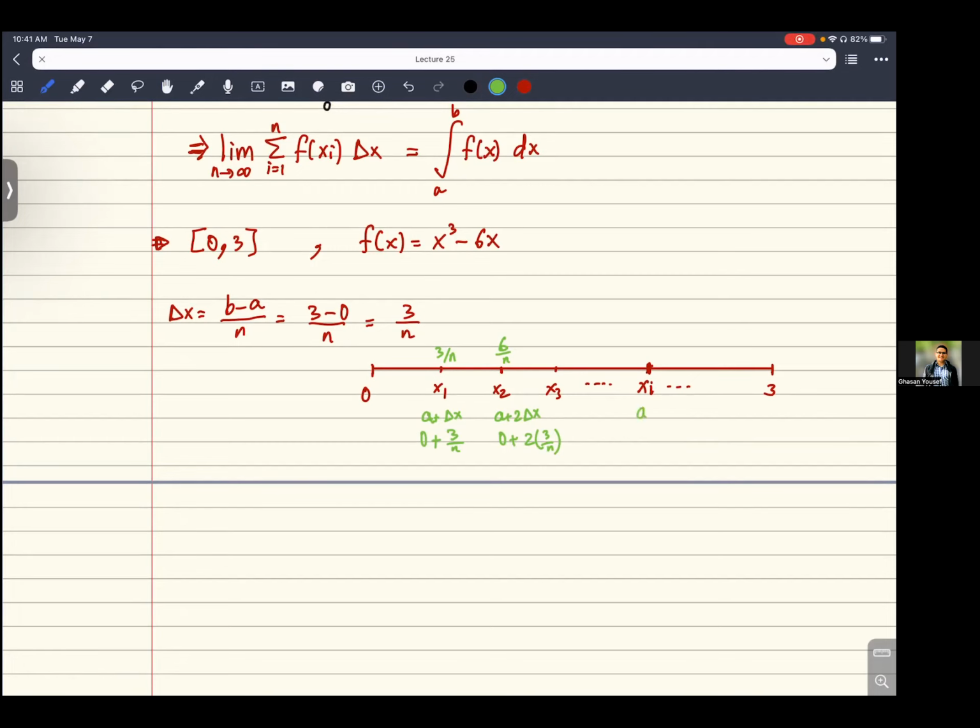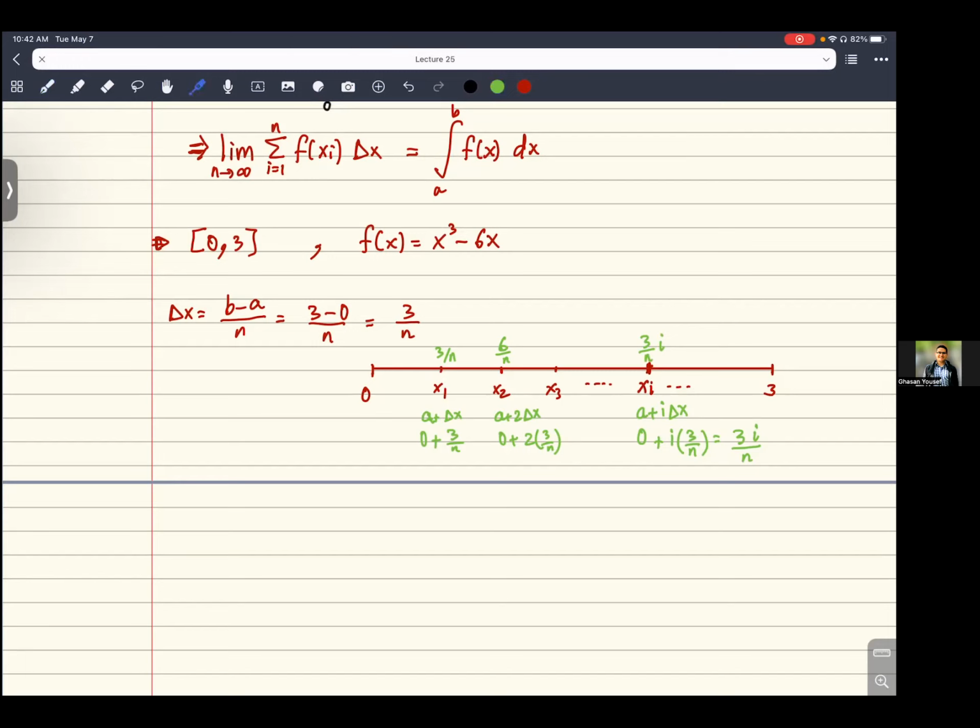What is xi? It's a plus i delta x. a is 0, plus i times delta x, which is 3 over n. This is equal to 3i over n. So I found the value of xi. It's 3 over n times i.